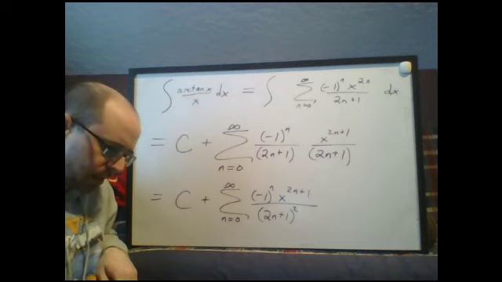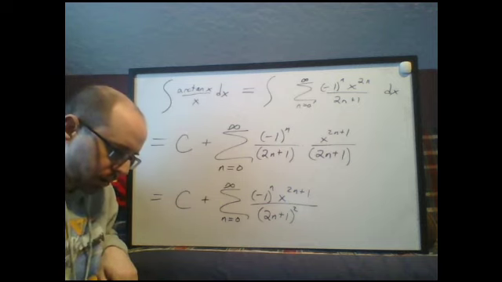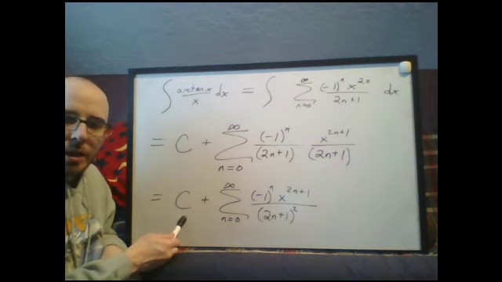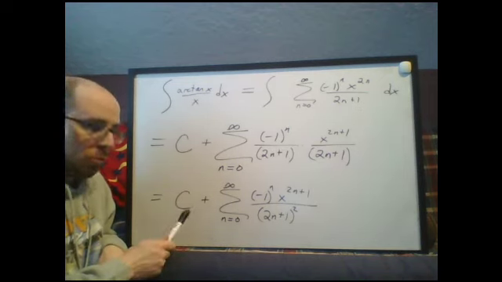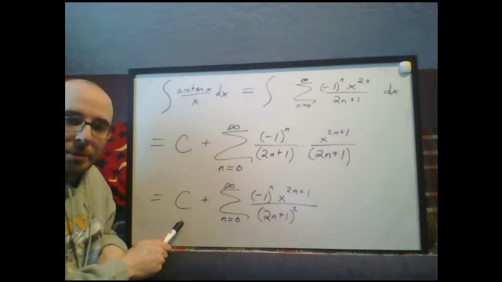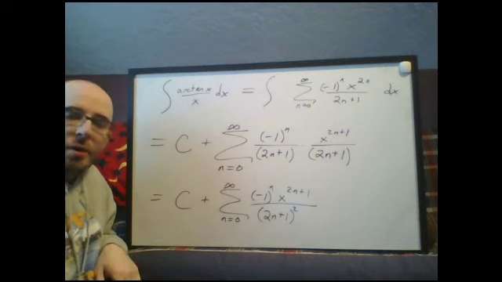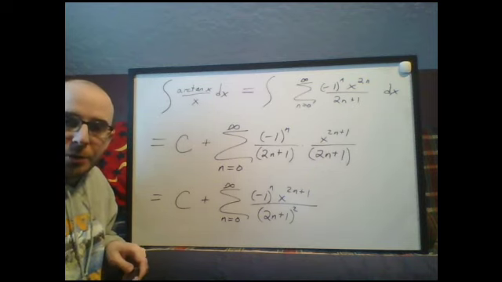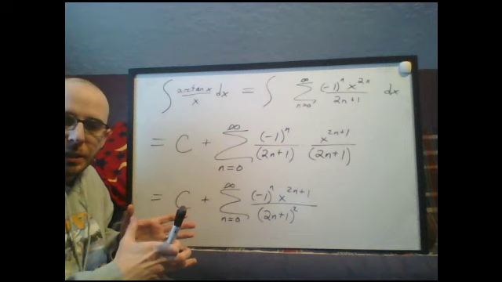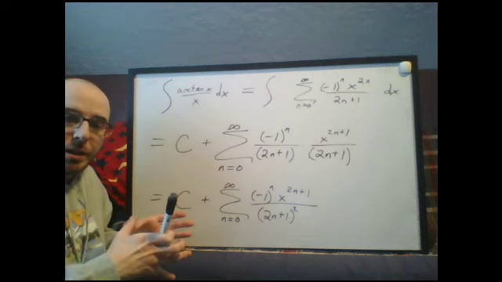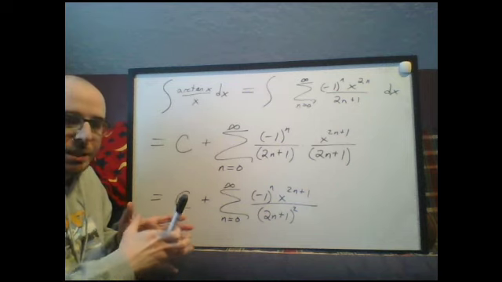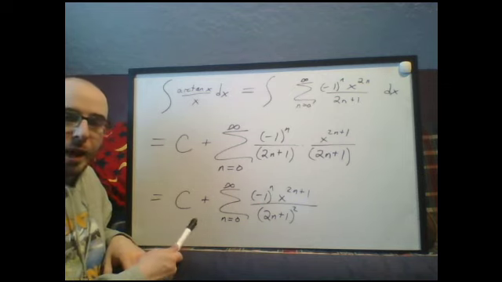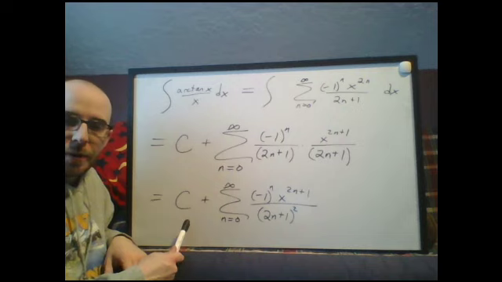Okay, so let me just try to clarify one more thing. So the constant, the c we put here, when I write that c plus at the beginning, that's just like whenever we did problems from way back where we're doing an indefinite integral. Integrate this function. That means you're trying to find the general antiderivative, which means the entire class of families that serve as antiderivatives for that function. And for those, you have that unknown c value.